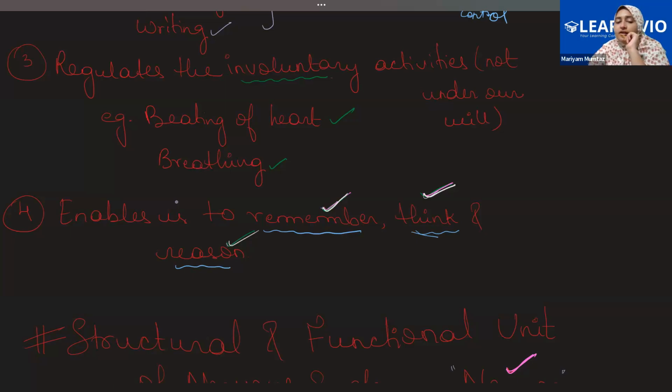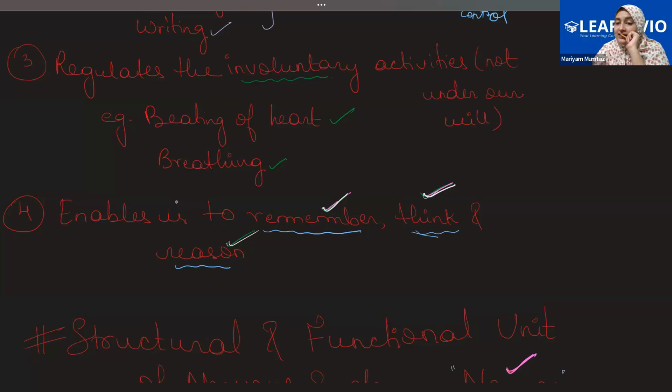And then reason. Now, you are in class 10th, right? You are mature enough to understand what is right for you and what is wrong for you, isn't it? So, this differentiation between what is right, what is wrong, what is ethical, what is not ethical, all of this thinking part and the whole entire logic part, this is also under the control of the nervous system.